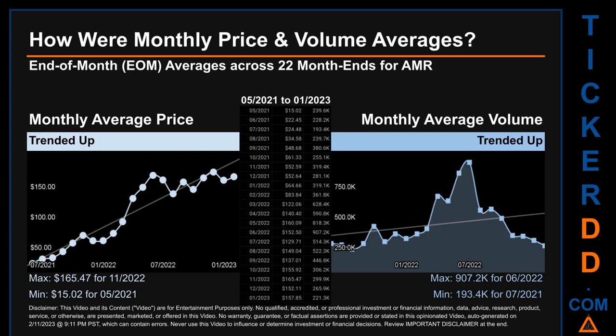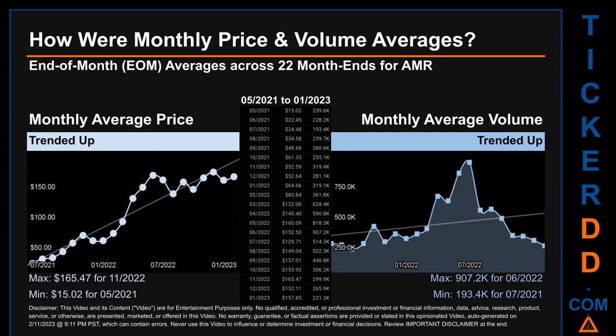How were price and volume averages for AMR? Across 449 trading days, there were a total of 22 month ends, of which monthly averages for daily price and volume were calculated. Overall, monthly price average trended up while monthly volume average trended up.